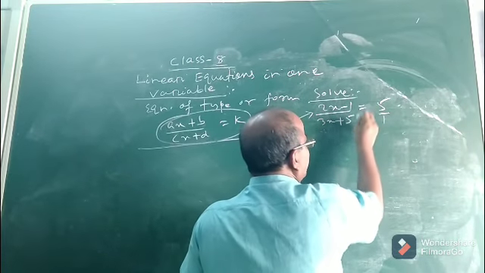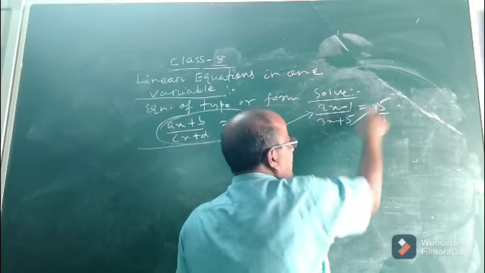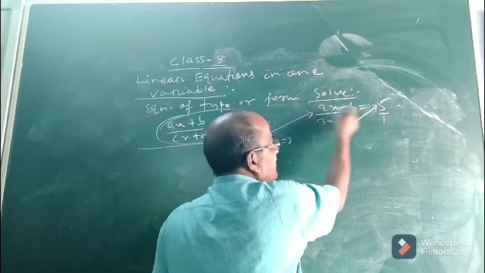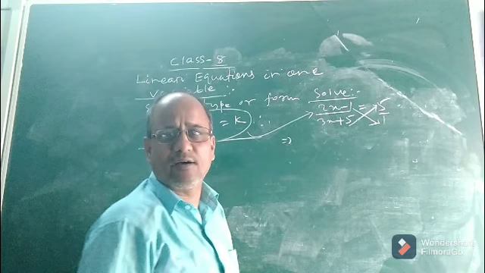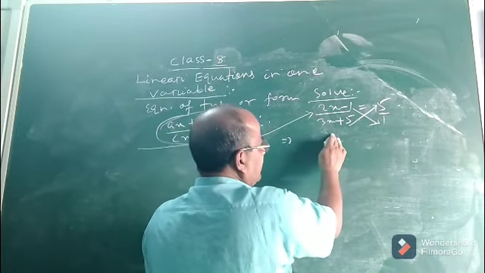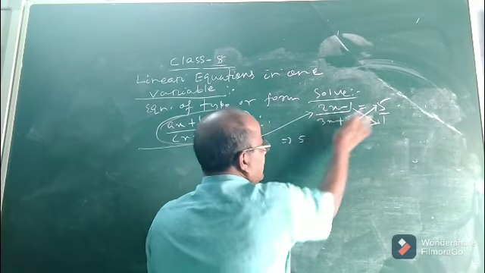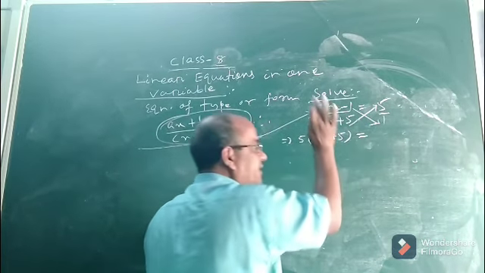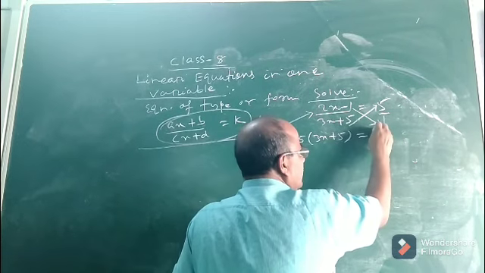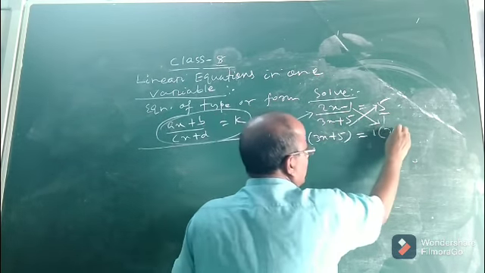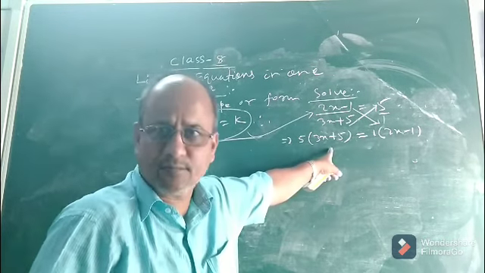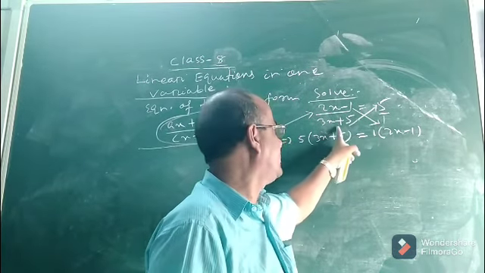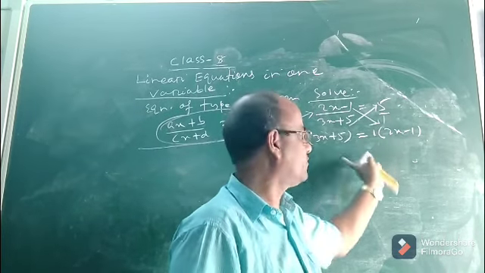Cross multiplication means the denominator of the LHS will be multiplied by the numerator of the RHS, and the numerator of the LHS will be multiplied by the denominator of the RHS. So I will write 5 into (3x + 5) equal to 1 into (2x - 1). This is cross multiplication: the numerator of LHS multiplied by the denominator of RHS, and the denominator of LHS multiplied by the numerator of RHS.